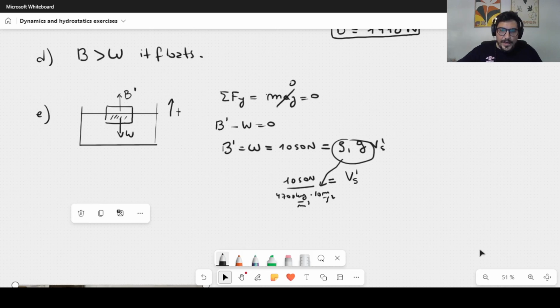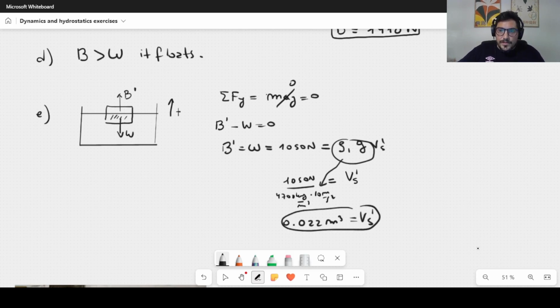The real volume submerged is 0.022 cubic meters. And what about the units? Newton is kilogram times meters per second squared. You cancel Newton divided by Newton, and the cubic meter that is dividing passes multiplying. So the real volume submerged is 0.022.